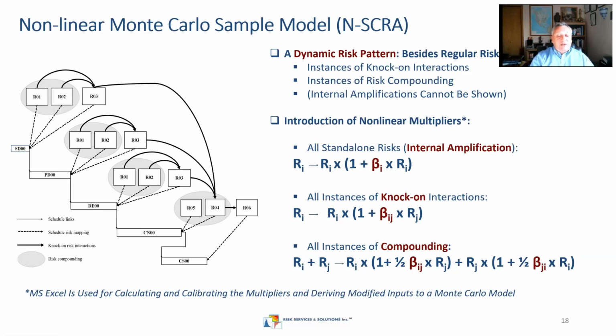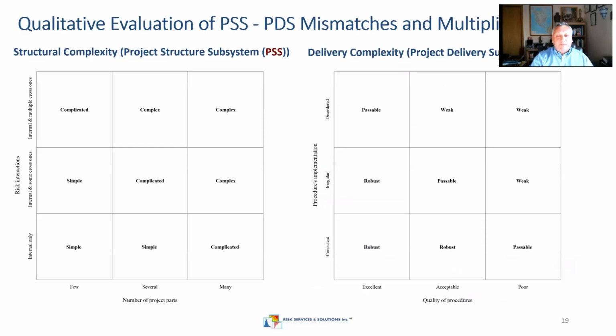Everything could be done in a Microsoft Excel spreadsheet, which describes or keeps the risk register used for Monte Carlo. You just need to use those formulas. How to do that is technicalities, you can read it in my book.